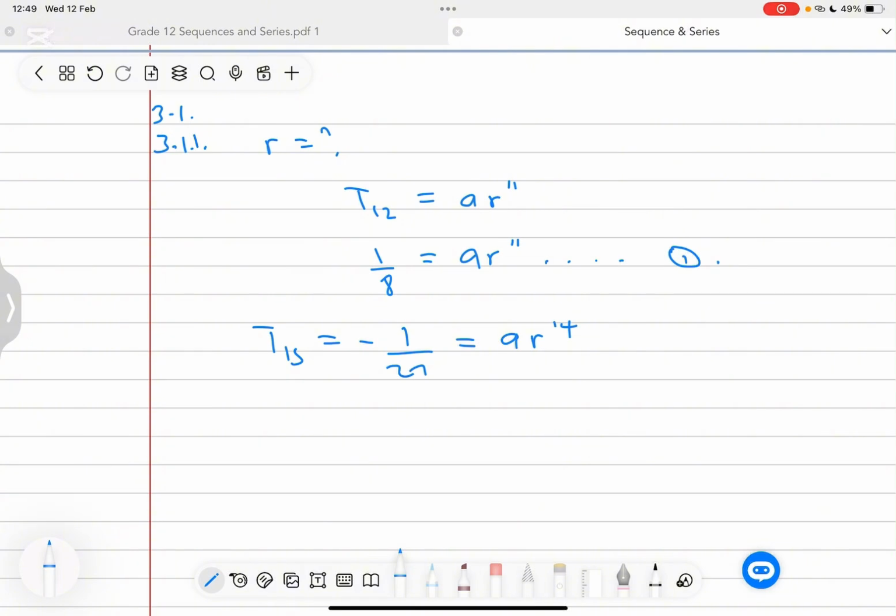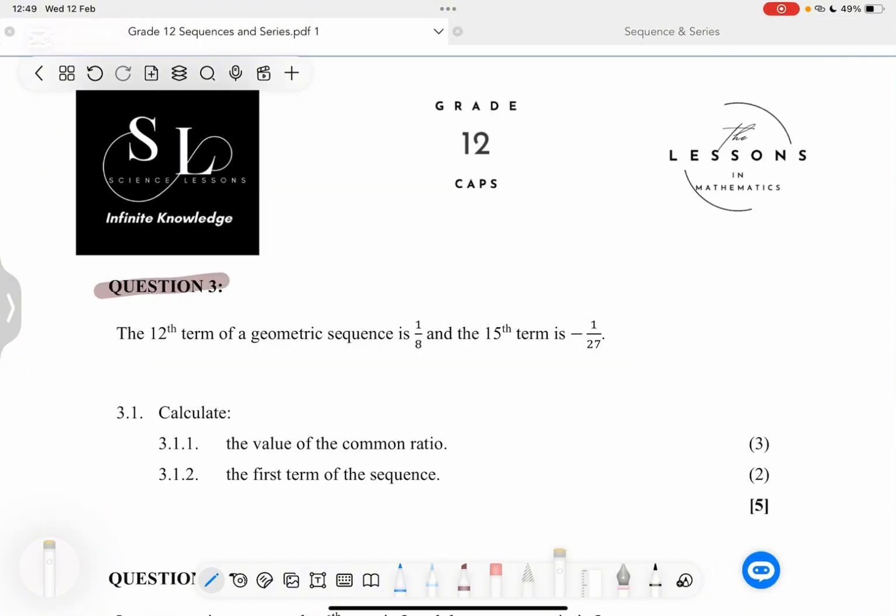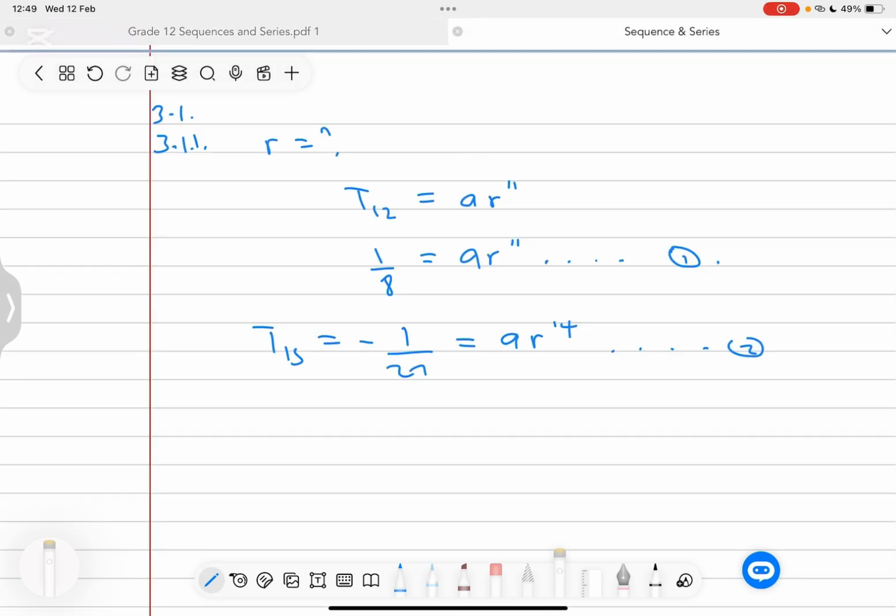Which now means that, again, when you look at this equation, we have a and r being unknowns. I can then call this equation 2 as well. Now I have to solve for r and a simultaneously to be able to find the common ratio, the r that we are requested to calculate.